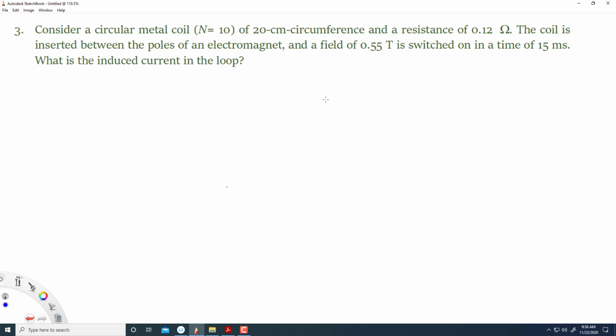Okay, magnetic field is 0, and in 15 millisecond time you switch on the magnetic field of 0.55 Tesla. As a result, you produce some current in this. So what's the current? The main idea here is, to do this problem, you need the concept called Faraday's law.